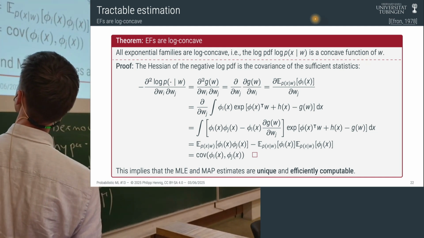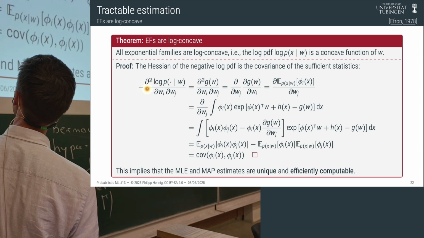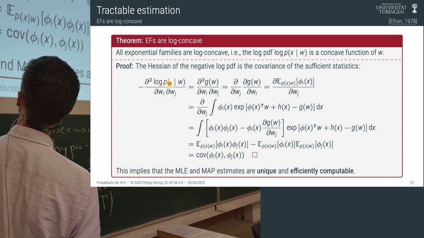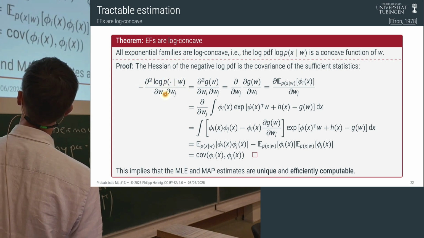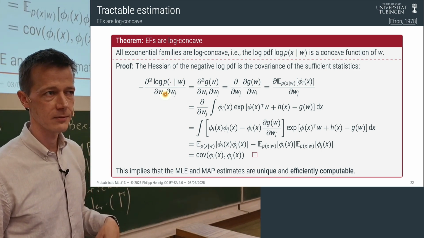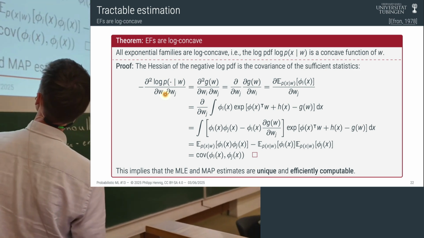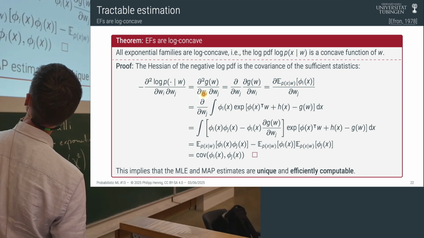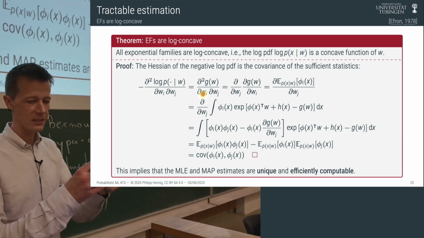So to do that, we write down the negative second derivative of this function with respect to w. If that's a positive definite thing, then we have a convex problem. You can convince yourself by the form.